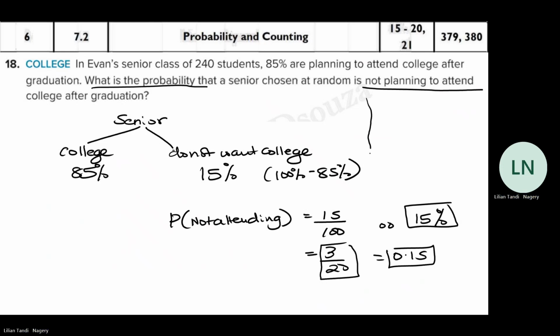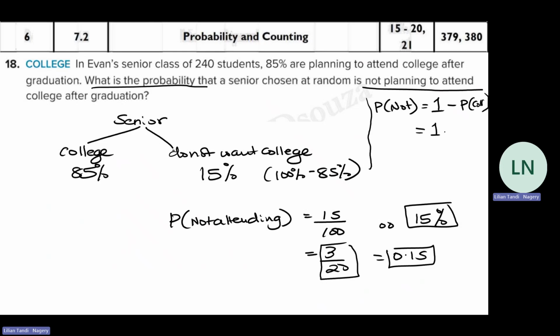Or you will do probability of not going. Probability of not equals 1 minus probability of going, or college. Probability of college. Okay?